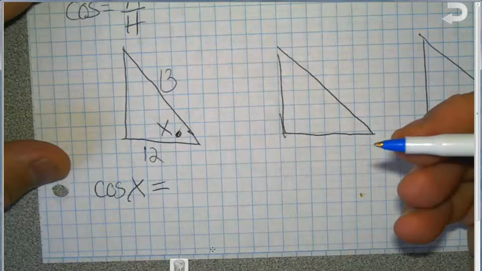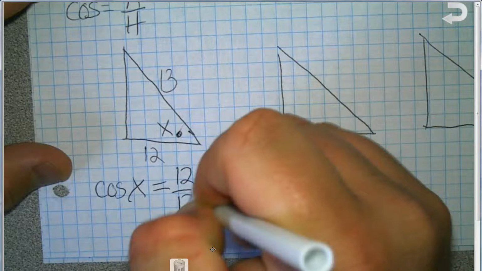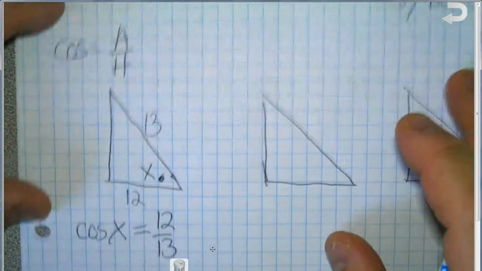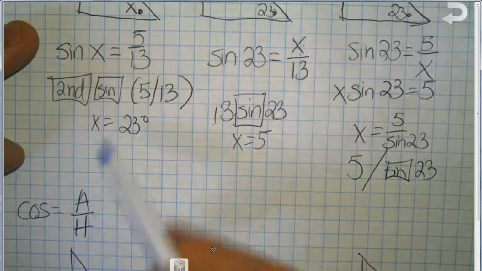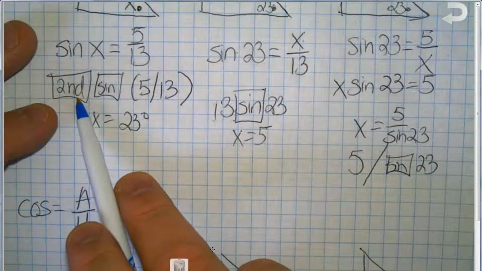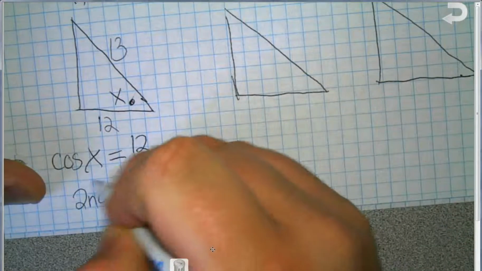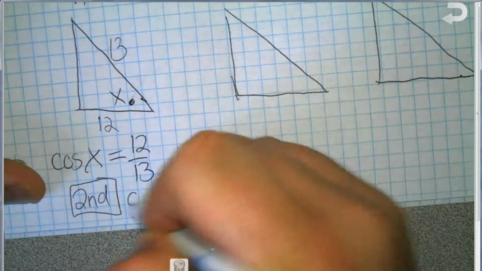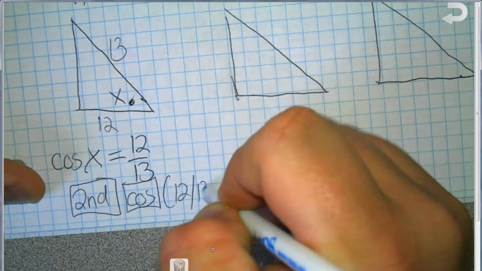What's our fraction? 12 over 13. When the x is next to this angle, what do we use? Second. So we're going to do second cosine 12 over 13.